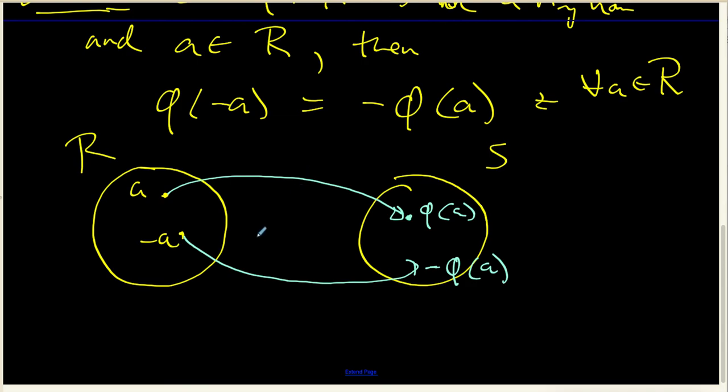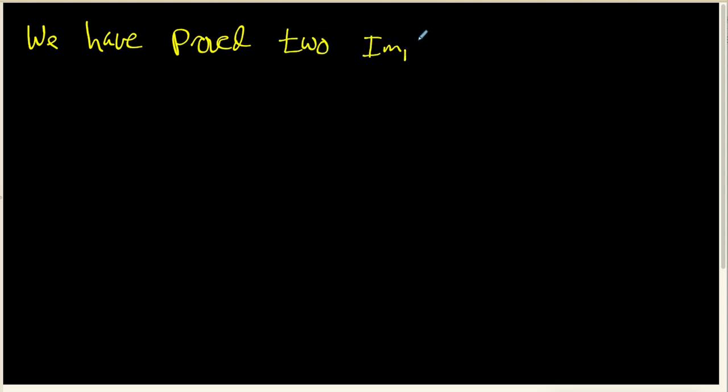To tie this particular video up, I simply want to state a summary. And so in summary, we have proved two important lemmas. And these two important lemmas say the following.